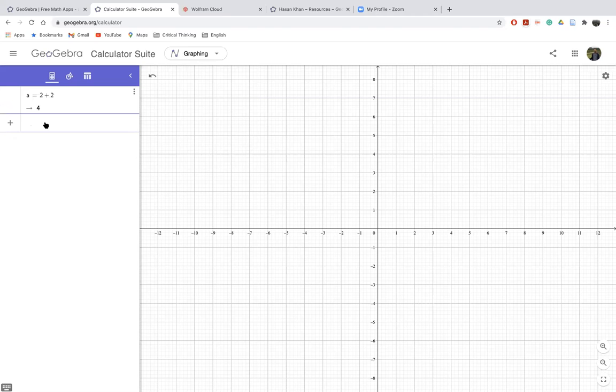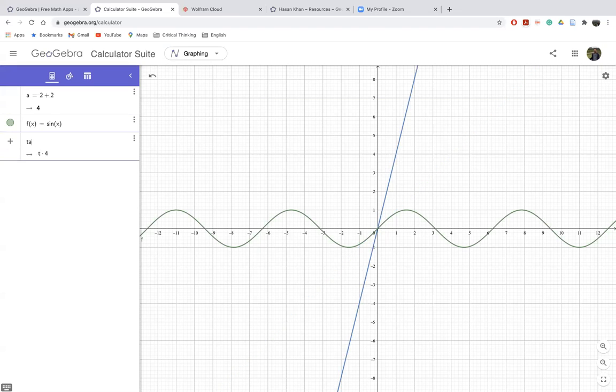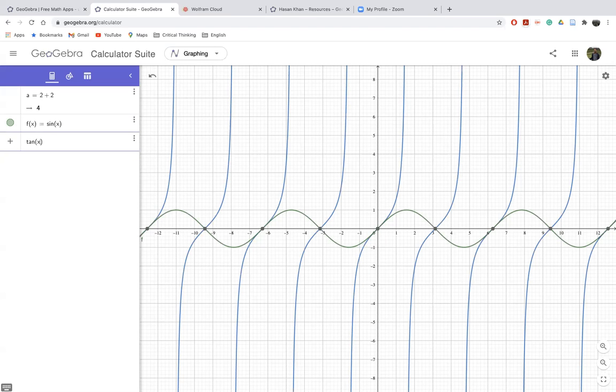We can also plot the graph of sin x. So sin x, we see the graph here, and for example tan x. If you simply press enter and type tan x, you see the graph of tan x. Let me make one more graph, of the cubic equation: 2x to the power 3 plus 4x squared minus 3.